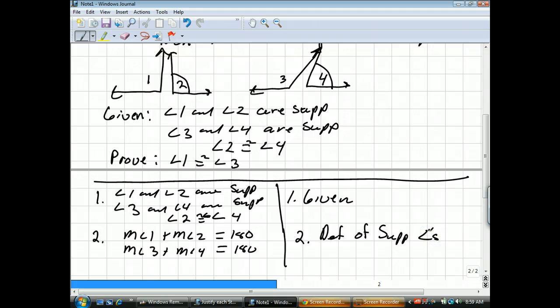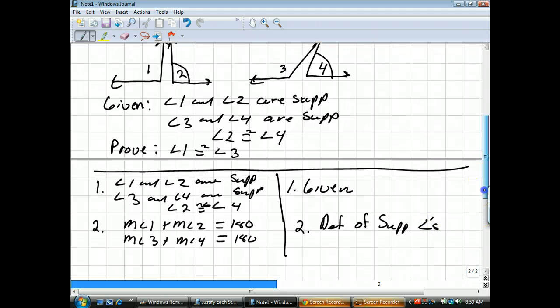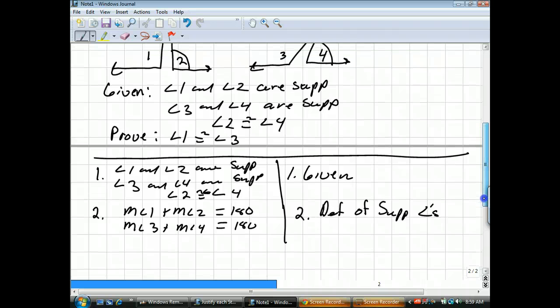Now we can say that measure of angle 1 plus measure of angle 2 equals measure of angle 3 plus measure of angle 4. And why can we say that? Well, in line 2, they're both equal to 180, so we can substitute. So this is substitution.